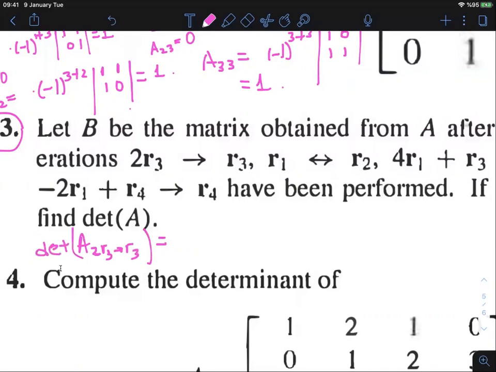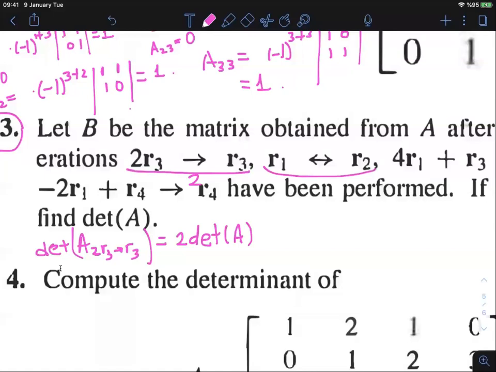In this case, we know that its determinant is 2 times the determinant of the matrix A. So if I do this operation, the determinant is multiplied by 2. What about the next operation? If I do it, the determinant will be multiplied by -1.